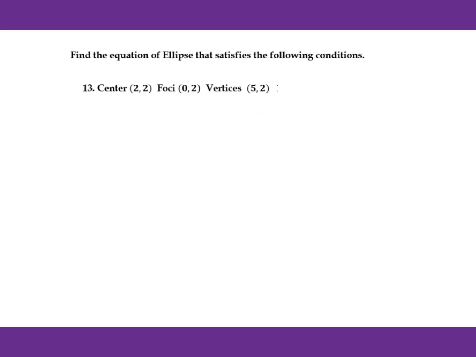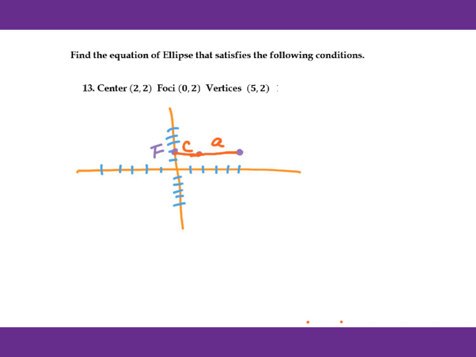For number 13, we are given the center and also the foci and one of the vertices. From the center to this vertex, that's a. From the center to the foci, that's c.